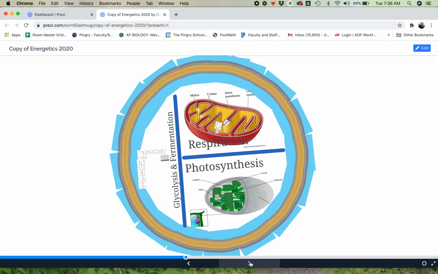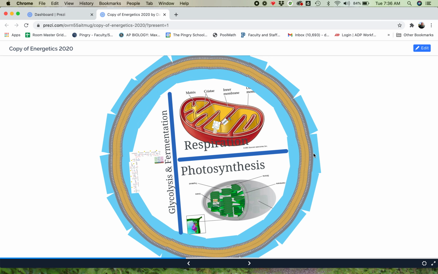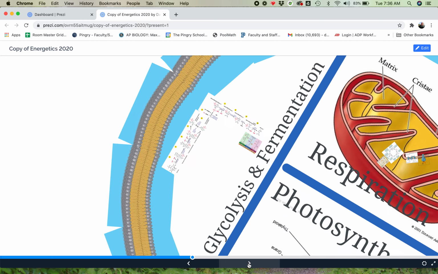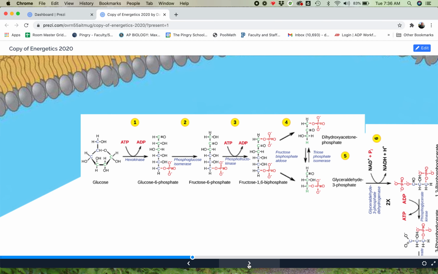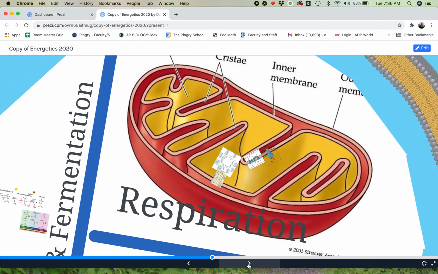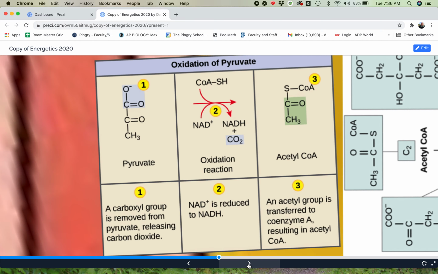If you look at a whole cell, the cytoplasm has glycolysis and fermentation happening in it, respiration happens in the mitochondria, and photosynthesis happens in the chloroplast. We looked at glycolysis, then the different types of fermentation, and then we focused on respiration.